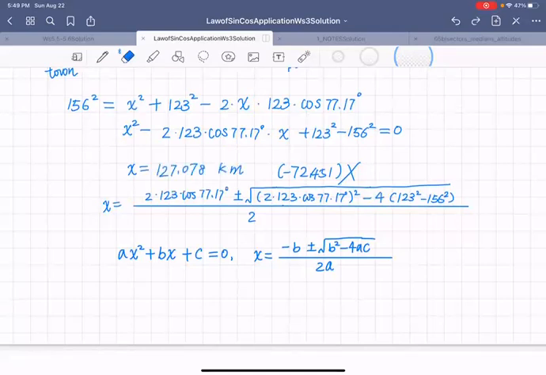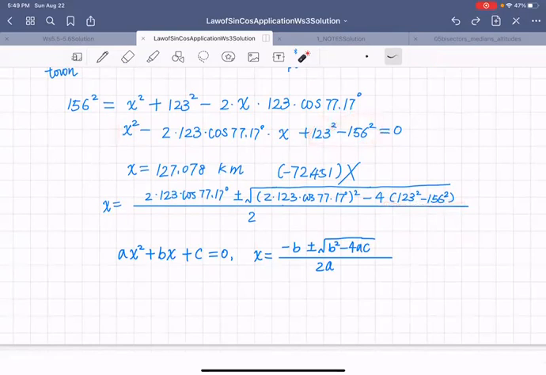All right. So if you type this into your calculator, x equals negative b plus or minus the square root of b squared minus 4 times a times c, where a is 1 and c is this.